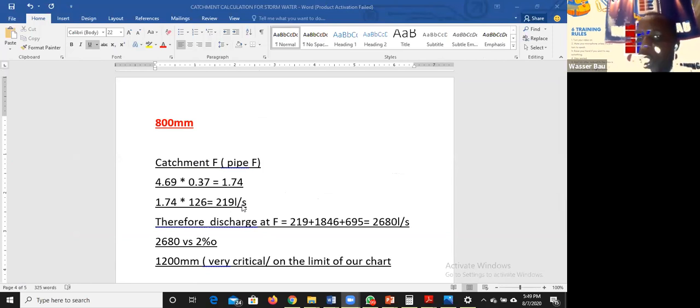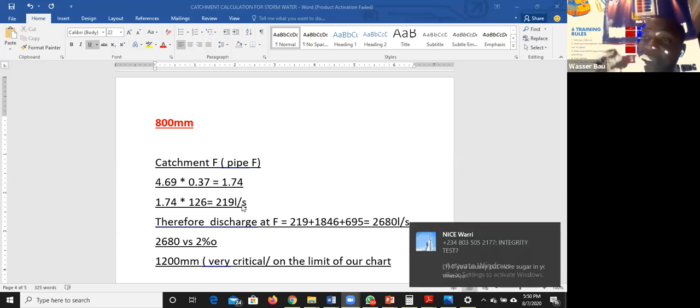But if you now want to size the pipe passing through it, because it's a collector for pipe D and pipe E, therefore pipe F becomes the 219 of its own catchment plus the water coming from catchment D and the water coming from catchment E. So by the time you finish it, you're going to get 26800.